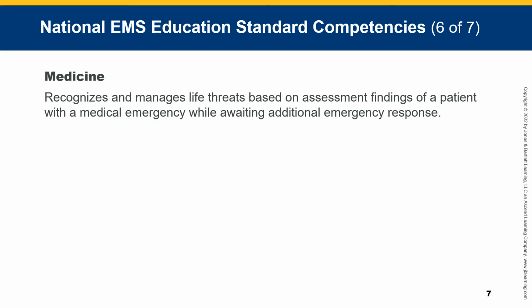When we're talking about medicine specifically here, what we mean is the ability to recognize and manage life threats based on assessment findings of a patient with a medical emergency while awaiting additional emergency response.